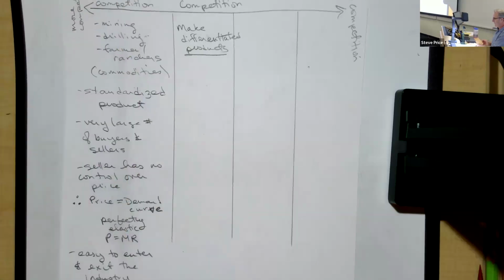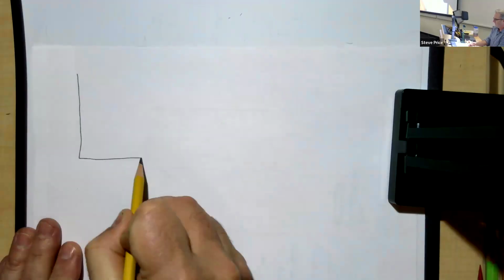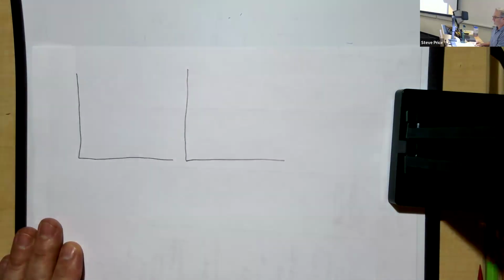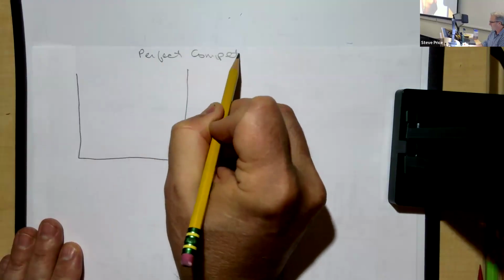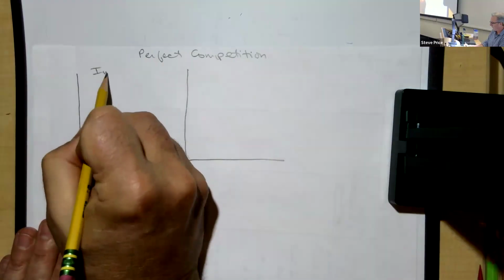Let's move on to another page so I can give you some understanding of some of these things in a deeper way. Here we're going to do two graphs. This is all perfect competition. Here is the industry.